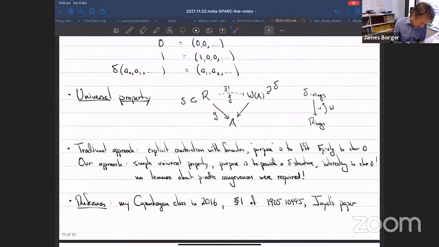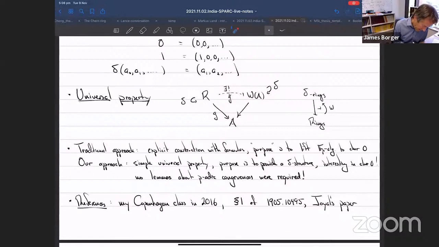Maybe one thing I didn't say last time is that there's a traditional approach, which I'll mention today. In the traditional approach that you find in all the books, this is given by an explicit construction with formulas. One problem with that is that if you ever want to prove anything about Witt vectors, you're reduced to proving something about the formulas, because that's literally how they're defined.